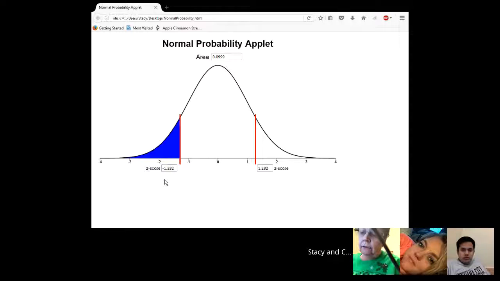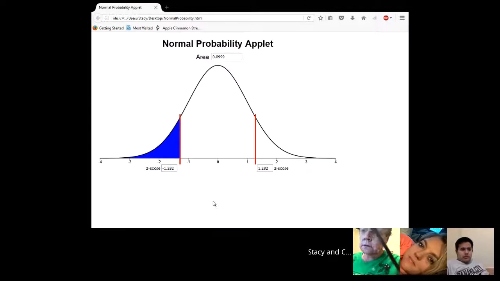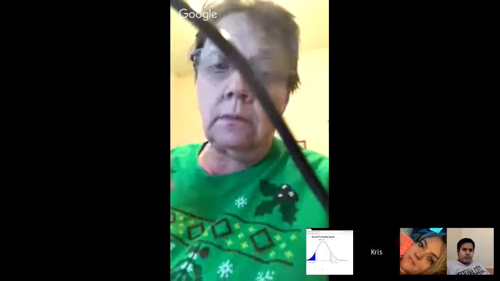Who wants to do D? I can do it. You want to do it? Go for it. You take the negative 1.282 minus 150.8 divided by 8.8 because we're solving for X. Here's the formula.